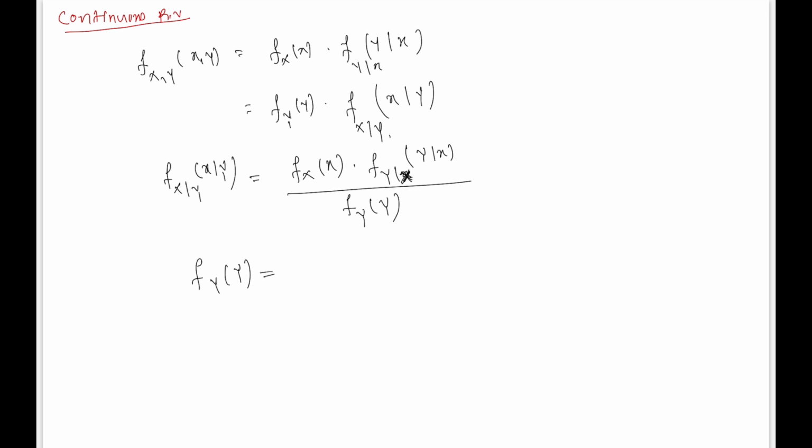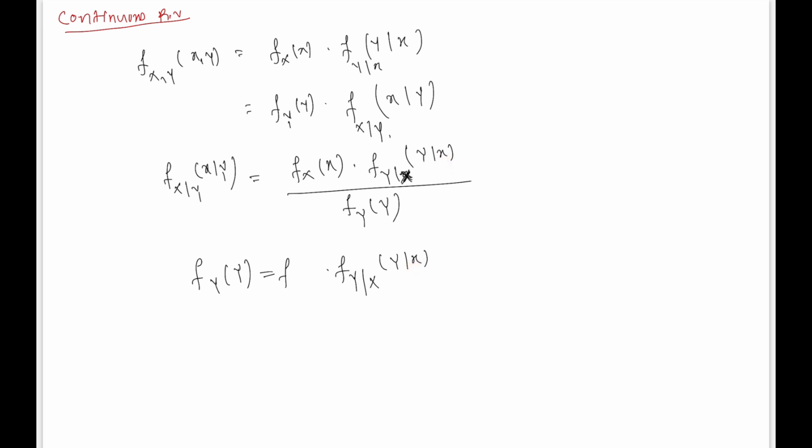And how can we find this marginal PDF of this random variable y? We can find it using the total probability theorem, right? We know the conditional PDF of y under each possible value that x can take, and we also need to weight this conditional PDF with the corresponding probabilities that random variable x can take.